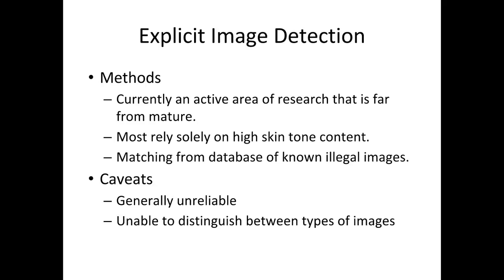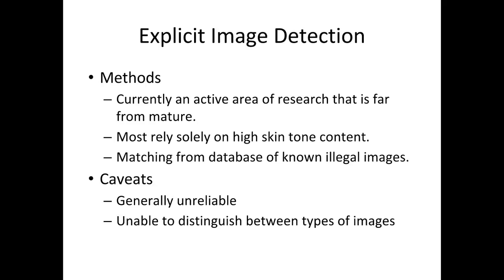Most computer techniques rely on skin tone content, which is not necessarily the best technique. Methods also match from databases of known illegal images, and those are very easy things to do, to match an image which is exactly the same as an image that is known to be illegal.